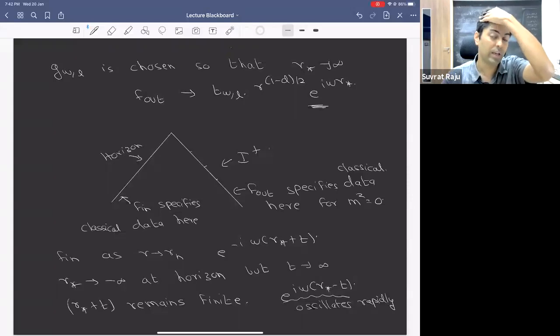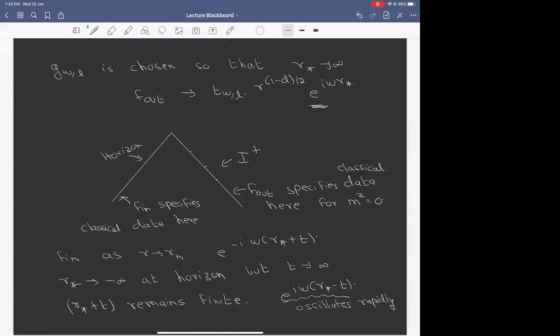Spherical waves go like e to the i k r divided by r. They don't just go like e to the i k r. So that's why, in d dimensions, the factor becomes r to the 1 minus d by 2. It would be wrong to say the wave just goes like e to the i omega r at large r. It doesn't go like that. It also has a certain die-off at large r, and that's the r to the 1 minus d by 2 here.